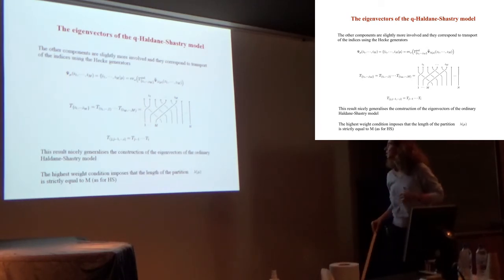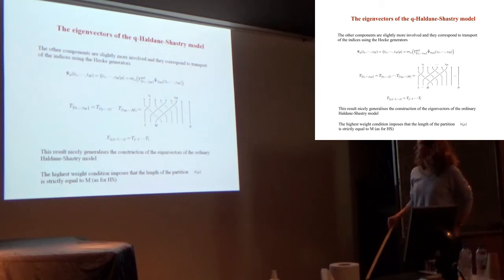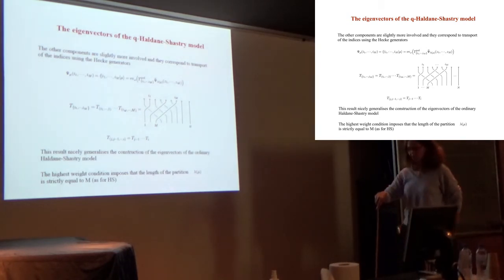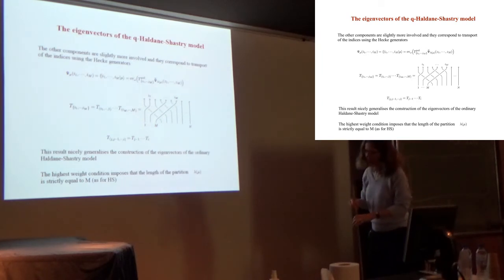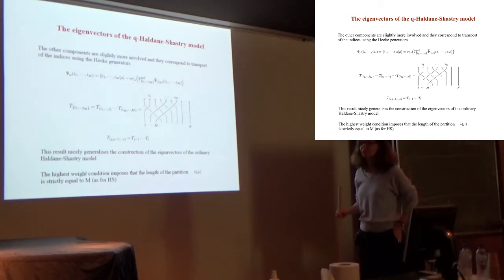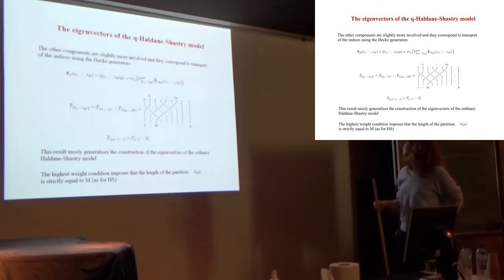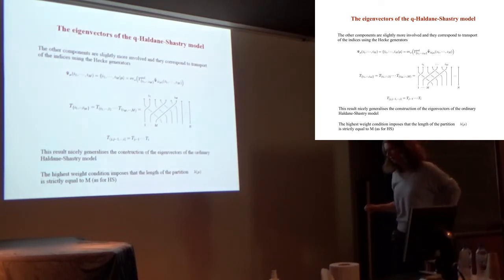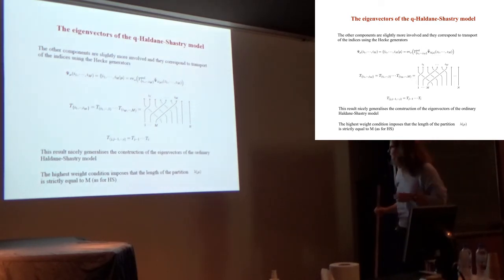So we also have different expressions of the wave functions, which are much more complicated and for which we don't have an explicit proof, but that's something that we would like to understand better. There is some relationship with the XXZ model that we don't understand for this model.